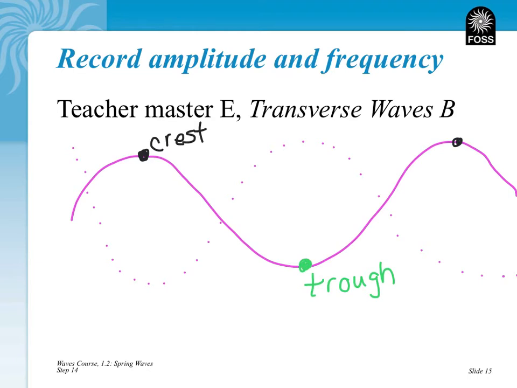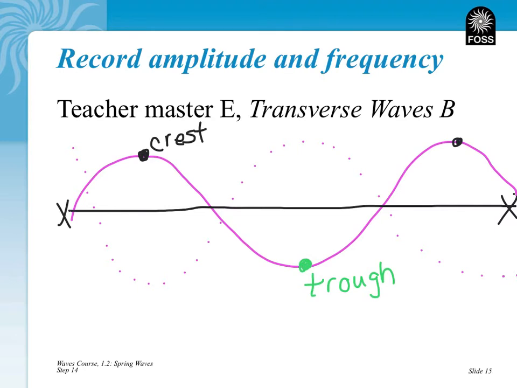Okay, the next thing you're going to do is keep an eye on the anchor and the wave maker and make sure they are exactly across from each other. And with a piece of tape or a pencil or chalk if you're outside, draw a line across like this. This is called the standing line or the midline.